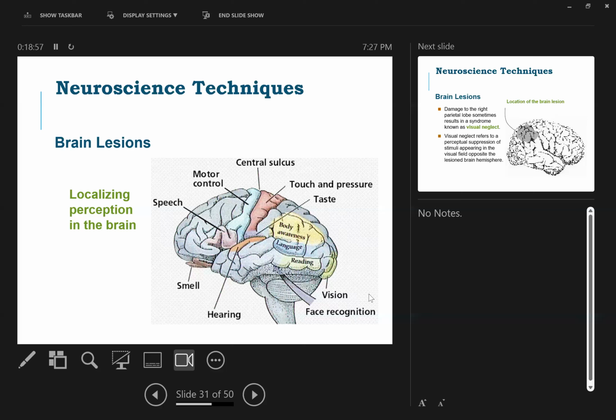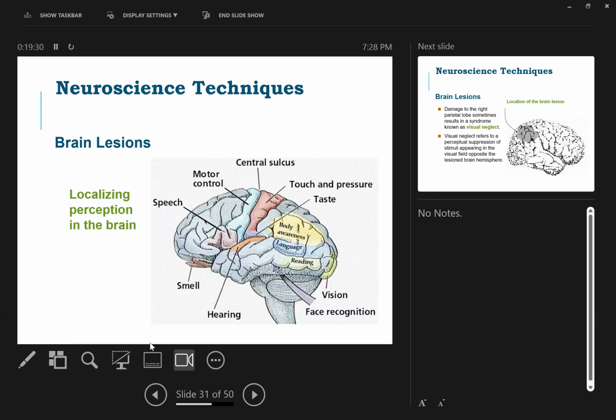And people using some of these lesion studies very early on figured out that these different areas may be involved in different things. These are some of the big ones, right? The motor control and touch and haptics are somewhere up here, the visual perception is somewhere back in the brain, the language processing is somewhere in the temporal lobe, and some of the smell stuff is pretty much above the nose.